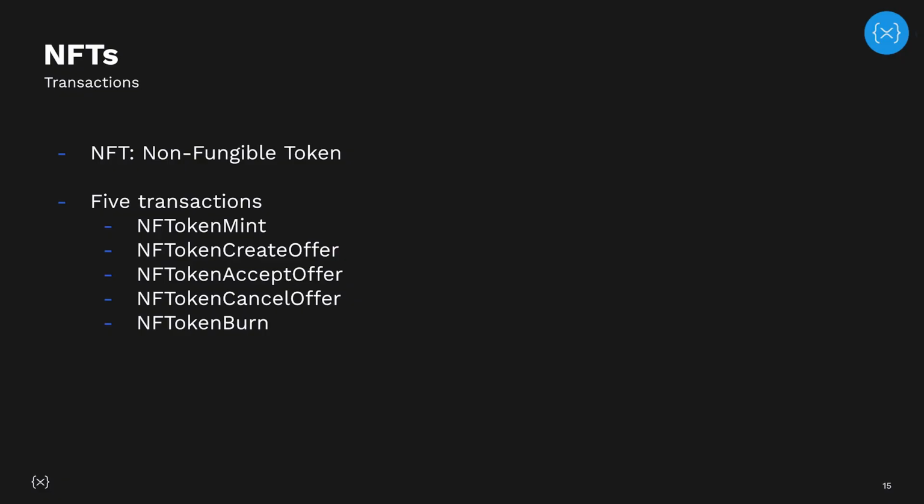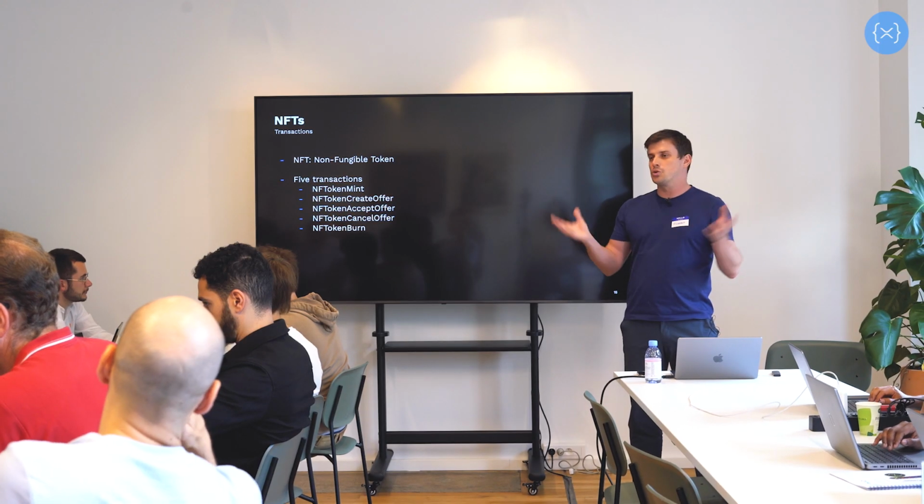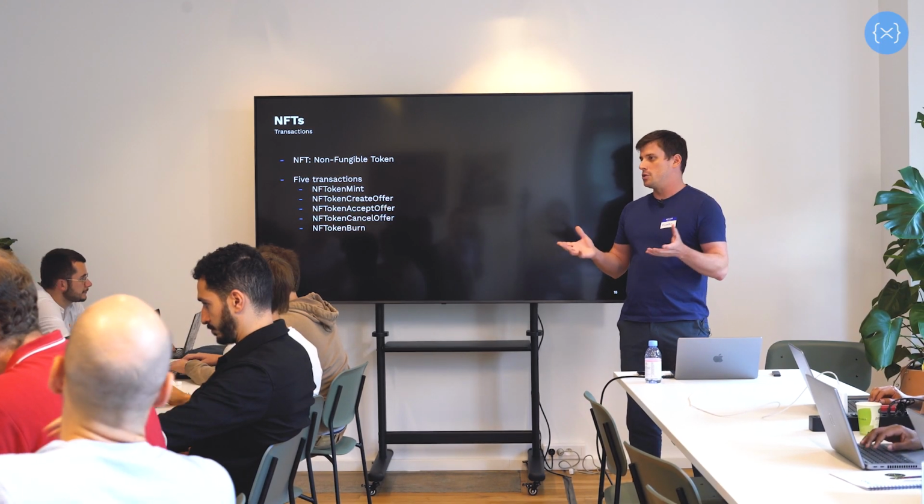We have AcceptOffer, and as it says, when you want to acquire an NFT, you will use that transaction to do it. CancelOffer, if you want to withdraw that NFT from the market. And NFTokenBurn is really if you want to remove the token from the ledger.